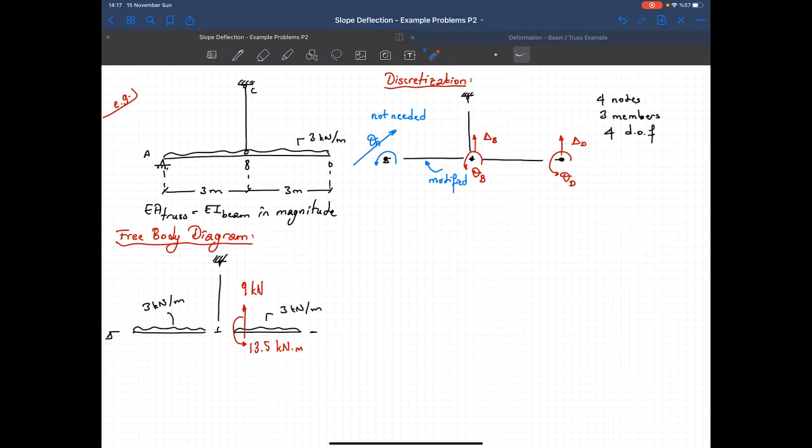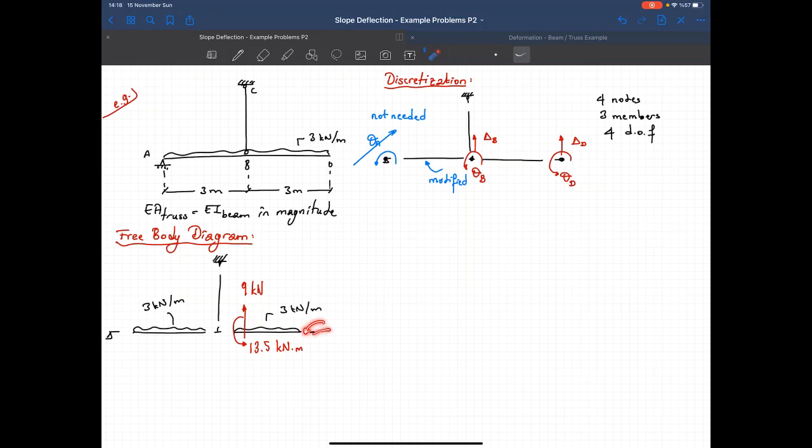And this node is not connected to any other member, or basically you can just say that you will use these two degrees of freedom, two unknowns, just to calculate this moment and this shear force. But we actually know them. We know their values because that's a statically determinate member.